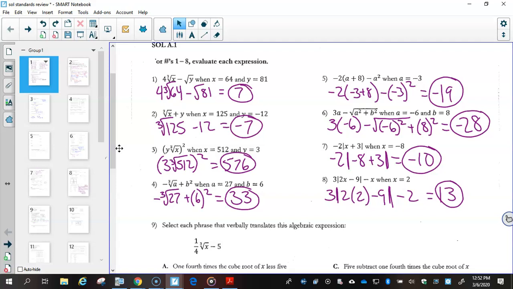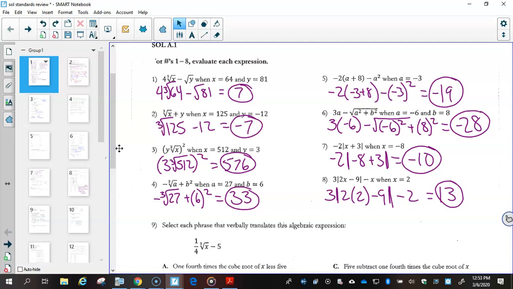Number 3 was 576. Number 4 was 33. Number 5 was negative 19. 6 was negative 28. 7 was negative 10.